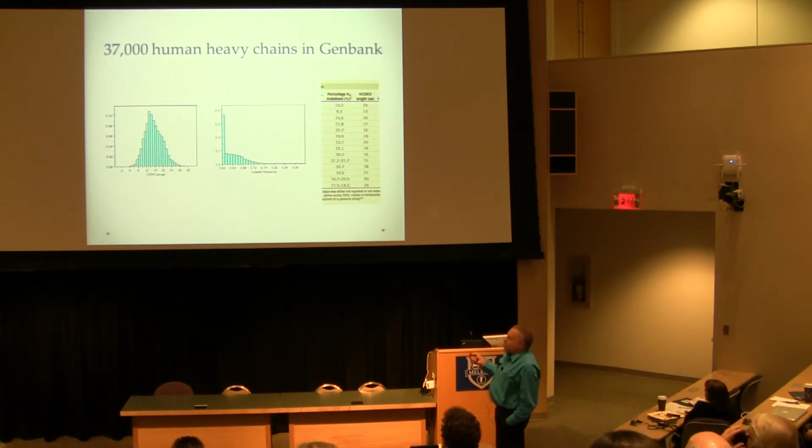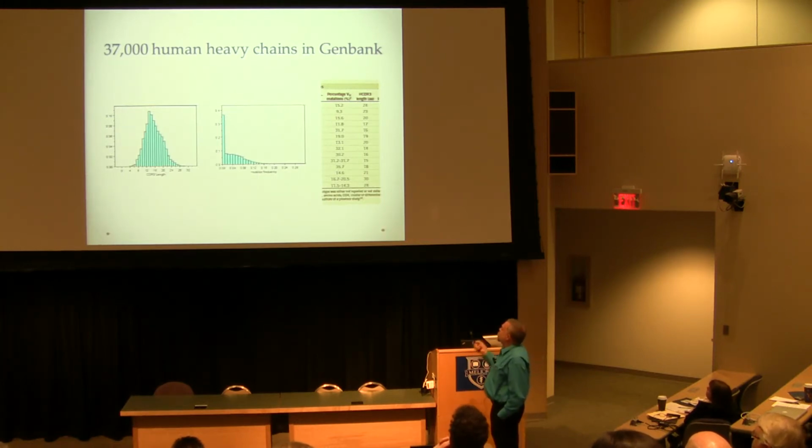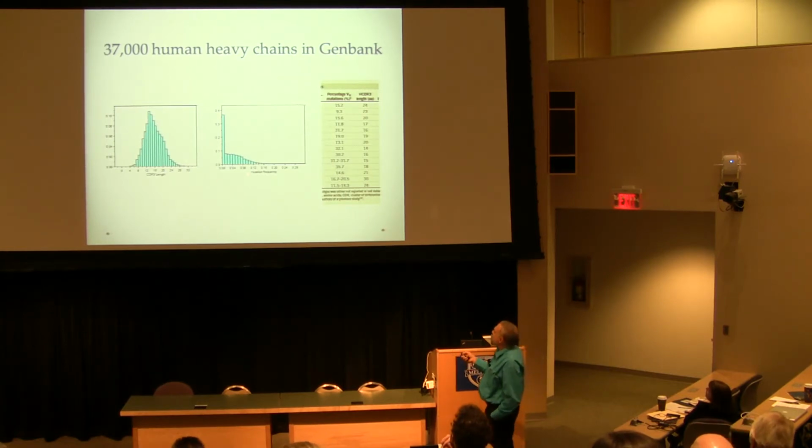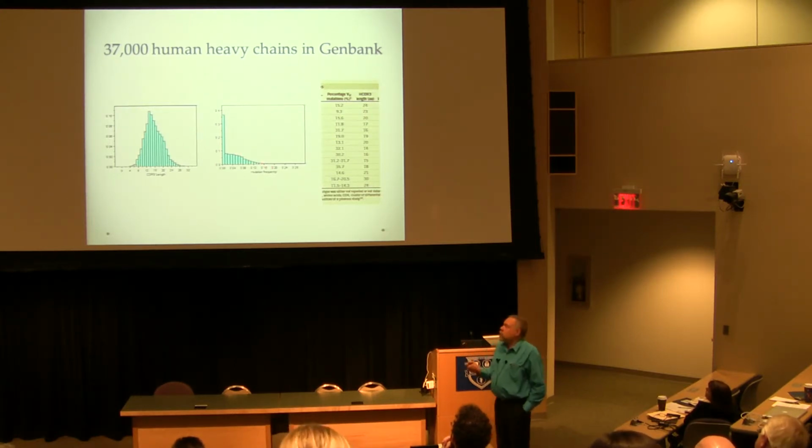So I mentioned the 37,000 human heavy chains in GenBank. So what I did, I just took all the heavy chains and I put them through this analysis and look at the mutation frequency in this collection. So nearly half of them have none or one or two, very, very small number of mutations. It drops off dramatically after about 8%, and by the time you're up to 16%, it's really hard to find any at all.